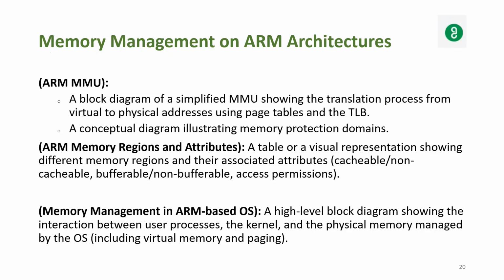Memory management in ARM-based OS: it interacts between the user process, the kernel, and the memory managed by the OS. It also manages virtual memory and paging. That is the case in ARM-based OS.